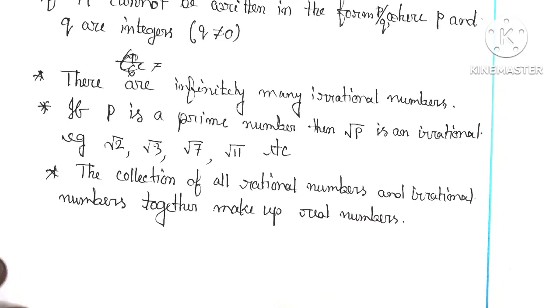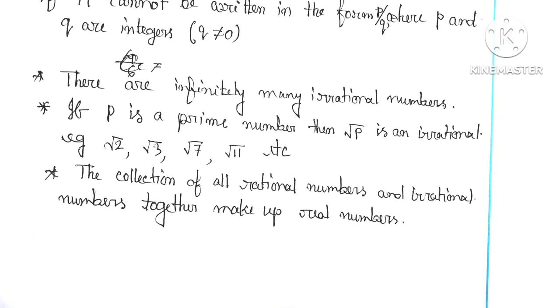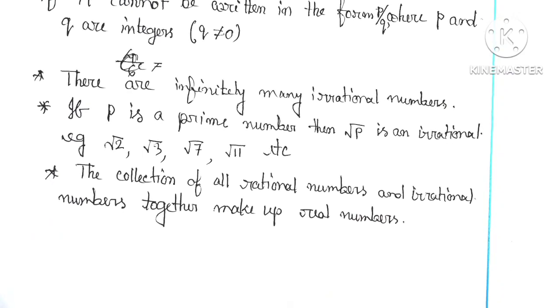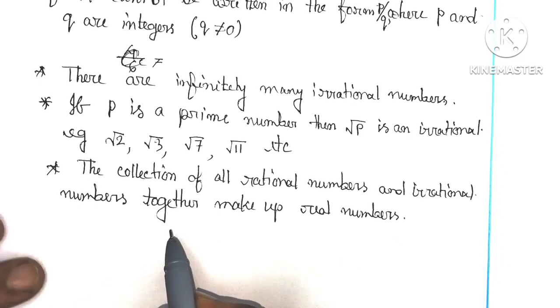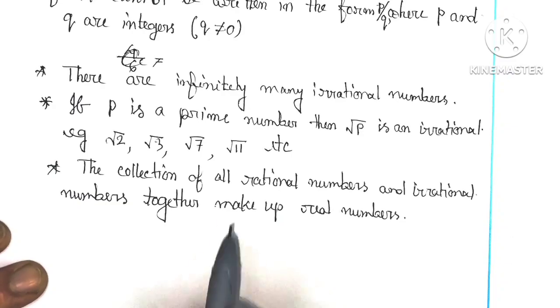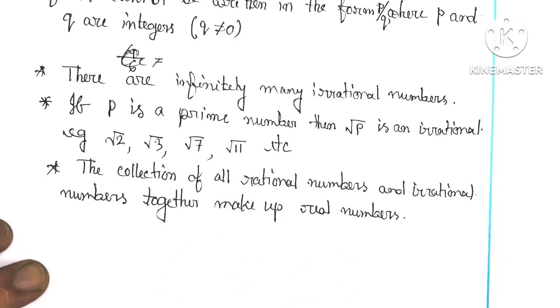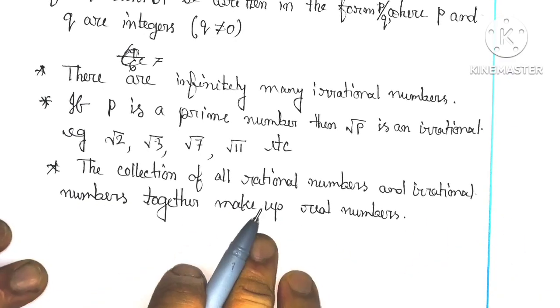So the real numbers are of two types, rational and irrational. That means the collection of all rational numbers and irrational numbers.